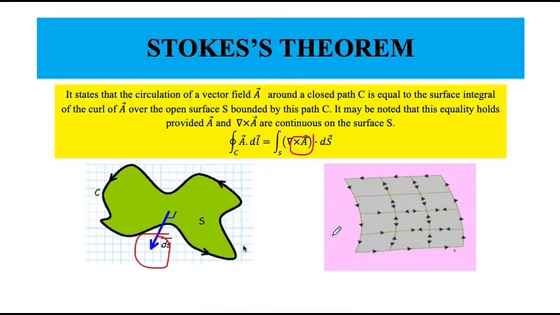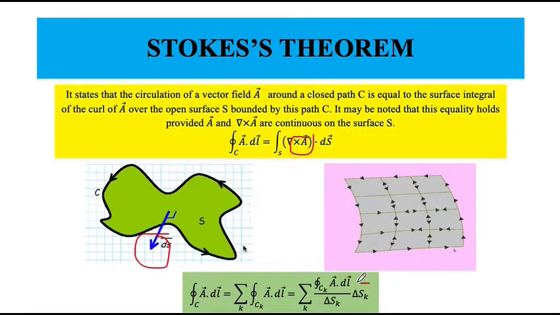The kth cell has a surface area of delta Sk and is bounded by path Lk, while the total area is bounded by path L. As seen from the figure, if we evaluate the sum of line integrals around the elementary areas, there is cancellation along every interior path, and we are left with the line integral along the path L on the outer boundary.